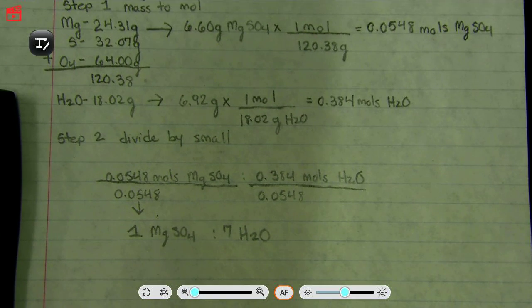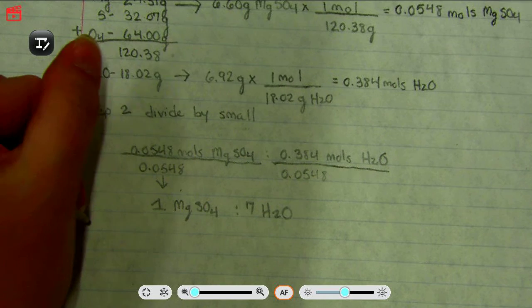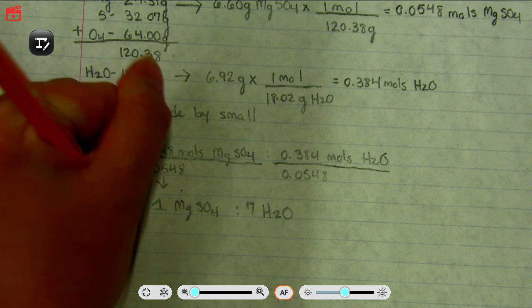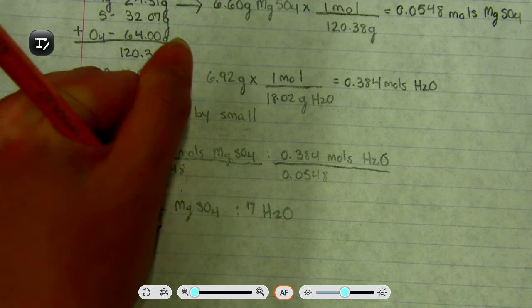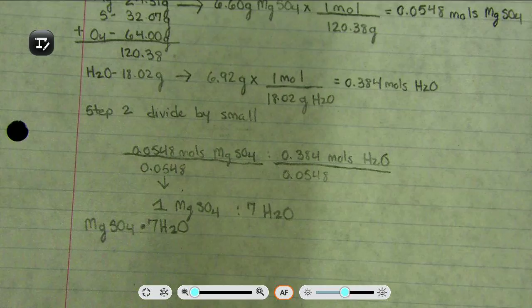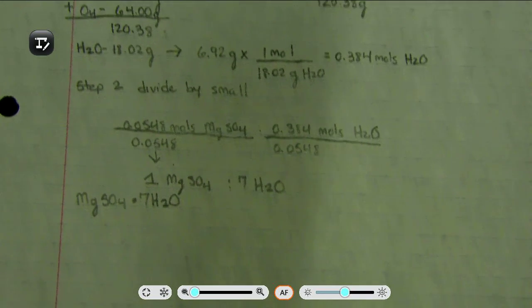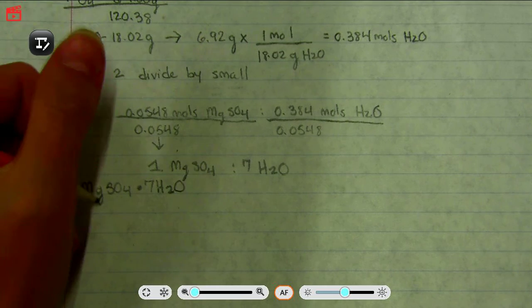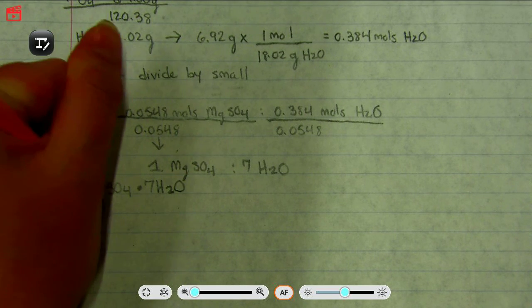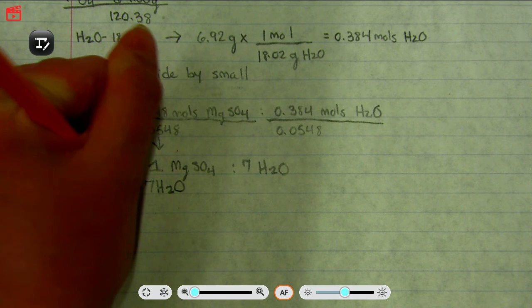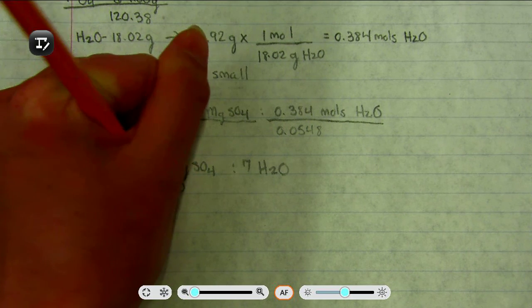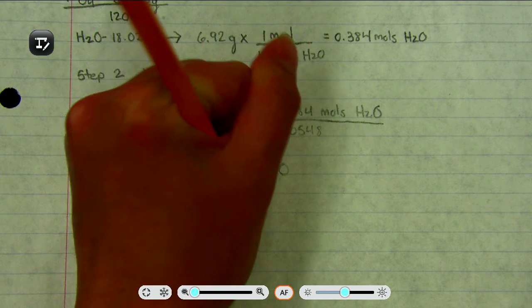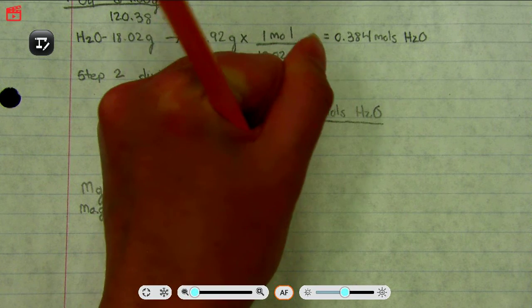So our empirical formula would be MgSO4·7H2O, and the name of this would be magnesium sulfate heptahydrate.